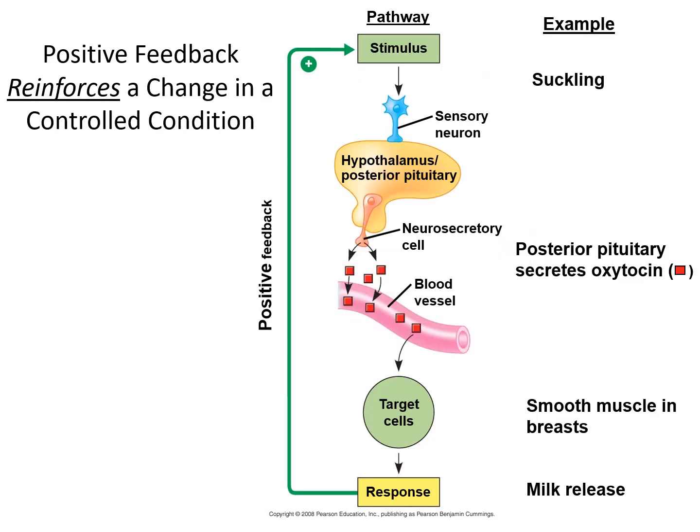Negative feedback is where we have a self-correcting system. So we have a change, and that brings about a negative change that brings us back to where we started. Positive feedback is where we have a stimulus that's the result of a change. The response is to heighten that change. It's a positive response, so it reinforces the change.